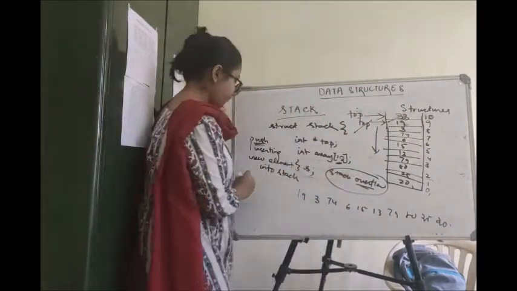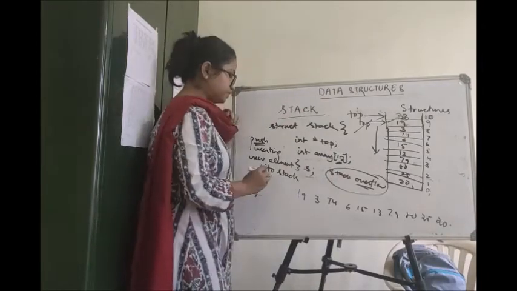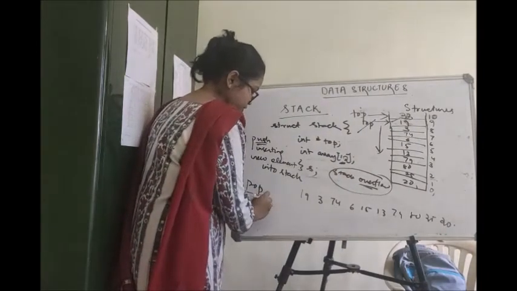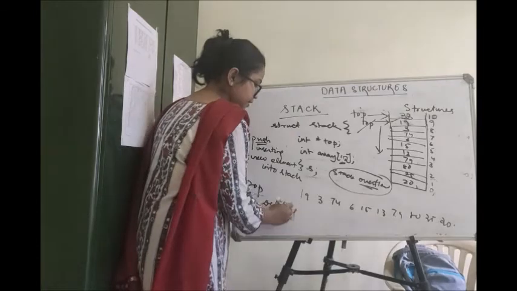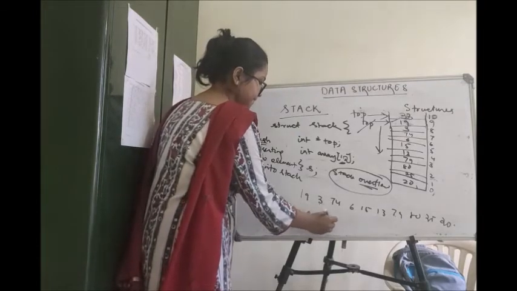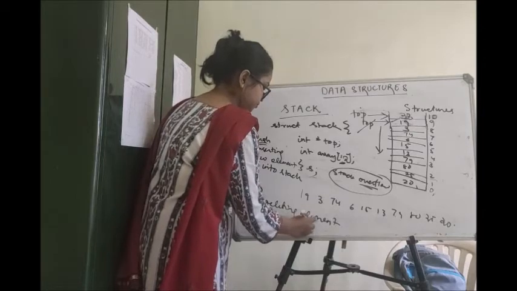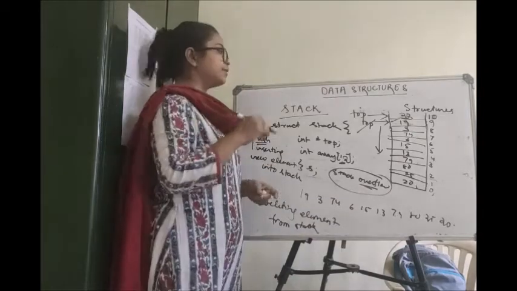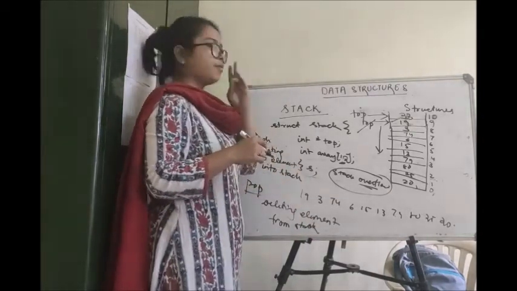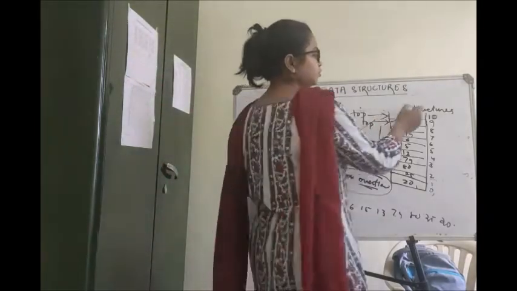Now what is pop? Pop is the process of deleting an element from the stack. So deleting an element from the stack is called the pop operation. Suppose I want to delete this.